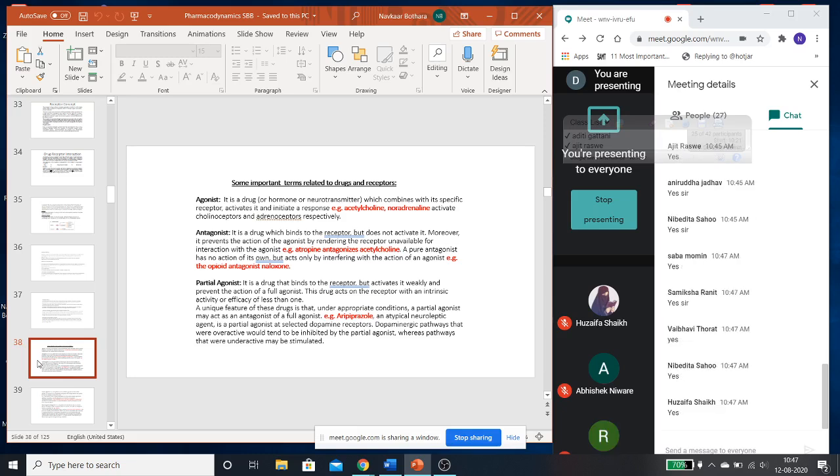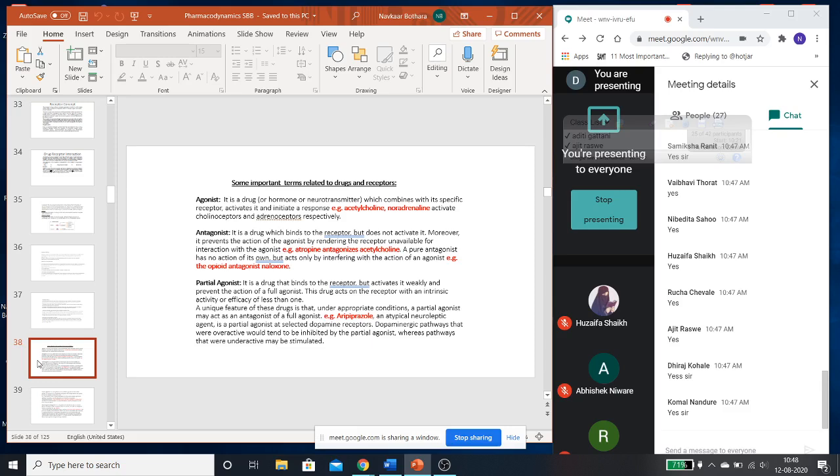So we have seen what is an agonist, what is an antagonist, and what is a partial agonist. I told you they are very important. If somebody asks you for 5 marks, there are many points you can write: affinity, intrinsic activity, potency, efficacy.